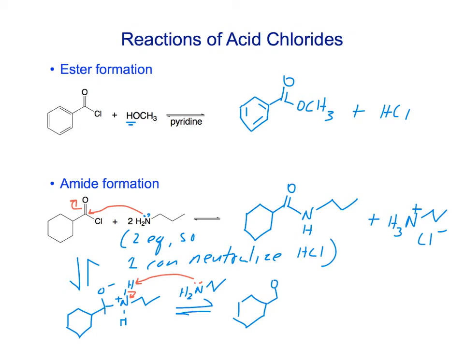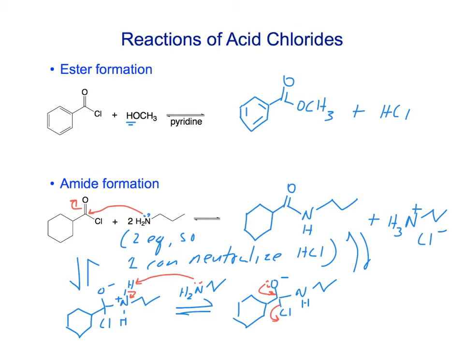Oops, I forgot my chloride. And now we can lose the chloride, and this goes up here. So, from acid chlorides, we can essentially make all of the other groups.